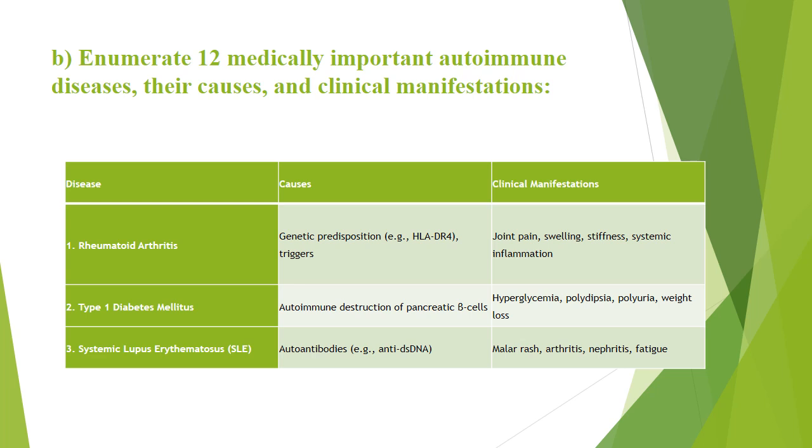The second disease is type 1 diabetes mellitus. It is caused by autoimmune destruction of the pancreatic beta cells, which is where insulin is produced. If the body mistakenly attacks the beta cells, the level of insulin decreases and causes type 1 diabetes.